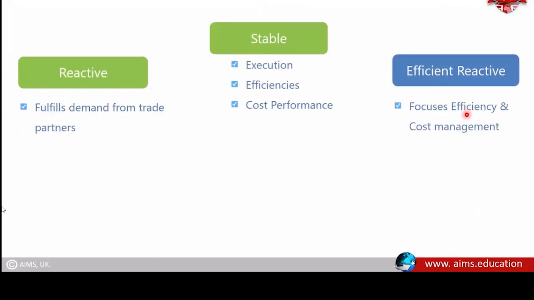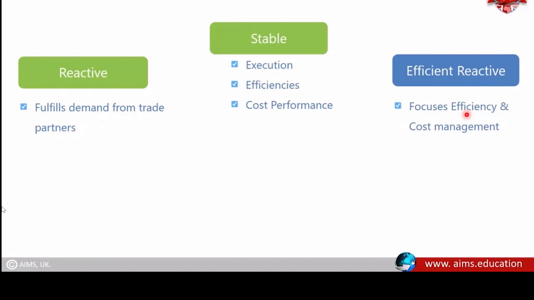And then, in terms of strategies, we have 3 types. First is the stable strategy. The other one is the reactive, and the other one is the efficient reactive. So when we say stable, it's more on execution, efficiencies, and cost performance. So this mostly happens in the manufacturing field. Efficiencies, line efficiencies.